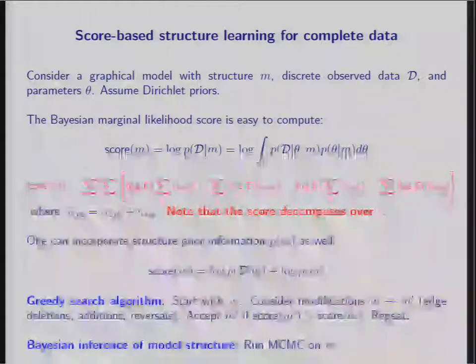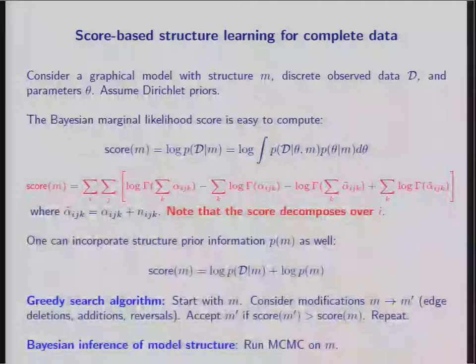We're going to assume Dirichlet priors on the parameters. Now, the marginal likelihood score is very easy to compute. The score for a particular graph is going to be the log probability of the data given the graph. If I want to add the prior that's over here, I can add that to the score as well, but here's the simplest case.